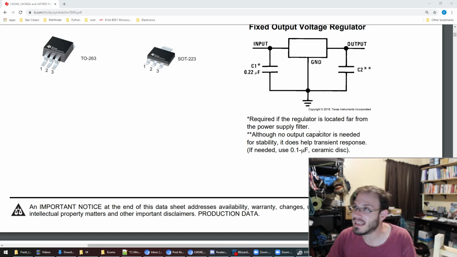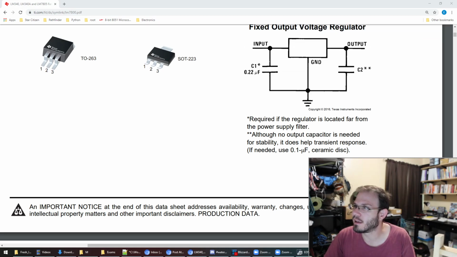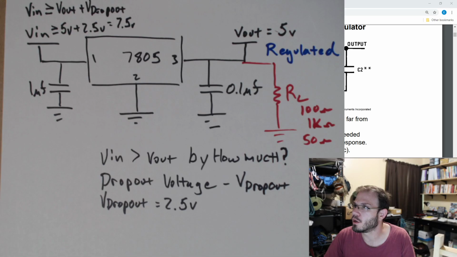In this case, they are recommending 0.1 microfarads. Okay, so this is where things start to get a little gray. Do I use 0.22 microfarads? Do I use 1 microfarad? Do I use 0.1? Do I use 0.47?